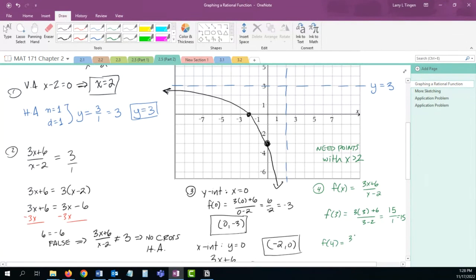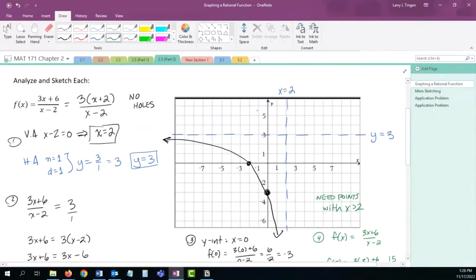Plug in 4. 3 times 4 plus 6 over 4 minus 2. 3 times 4 is 12 plus 6 is 18. 18 cut in half is 9. Do I go up to 9? Nope, I go up to 7, 8, 9, somewhere in there. So I'm way up there.